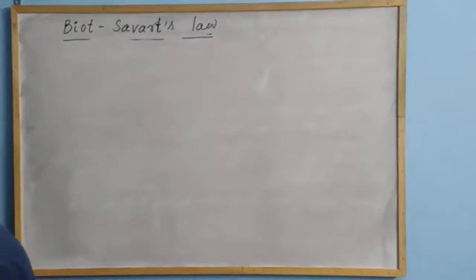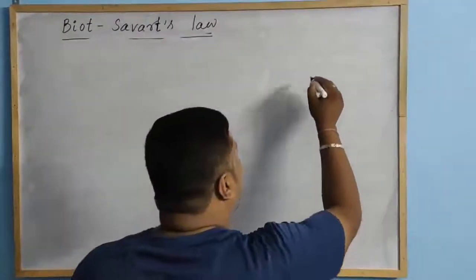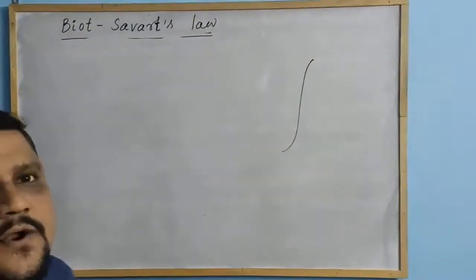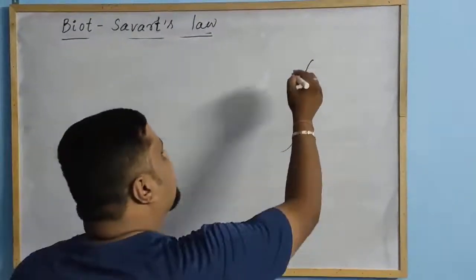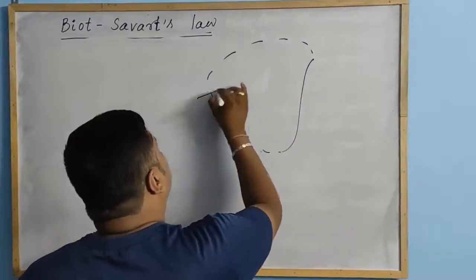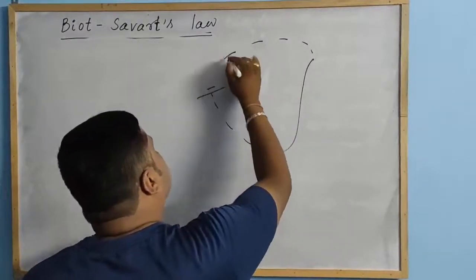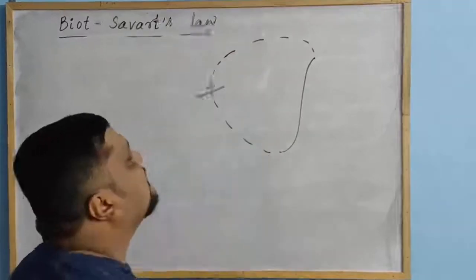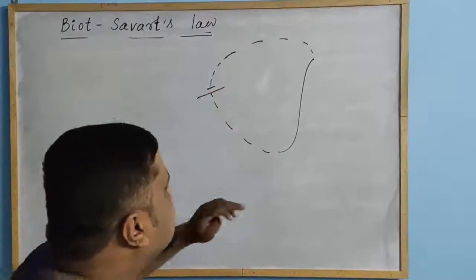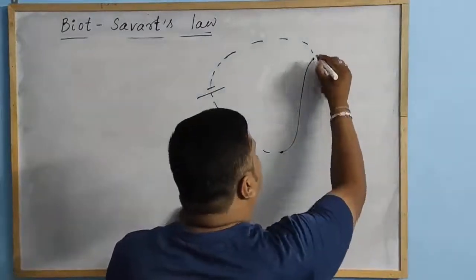Let us consider there is a current carrying conductor like this. It is connected externally, with positive and negative, to a battery. The dotted line means it is connected, but we are considering only the conductor AB.